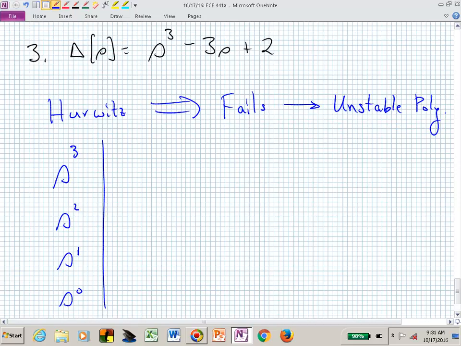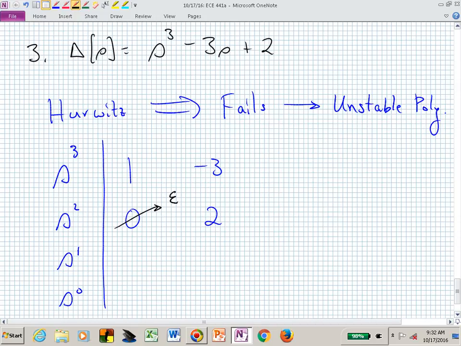Now, how do I build this? What's in my top row? And there is our 0 in the left column and non-zero to its right. And this is the case where we use case 2, and we can now insert an epsilon to allow us to continue to build the Routh array.